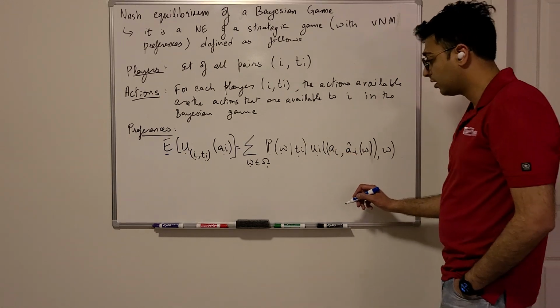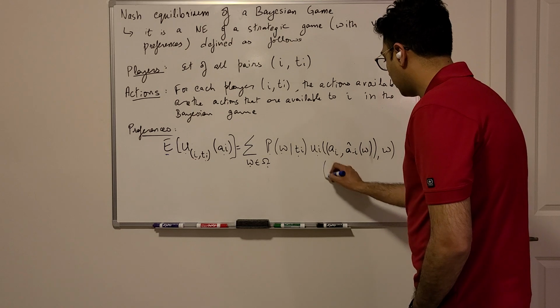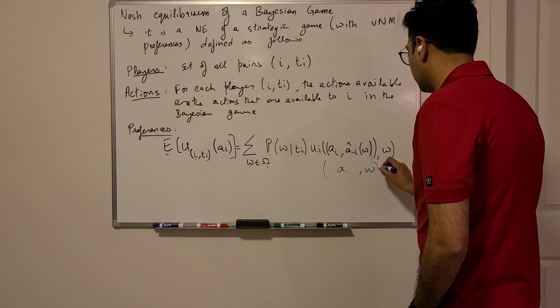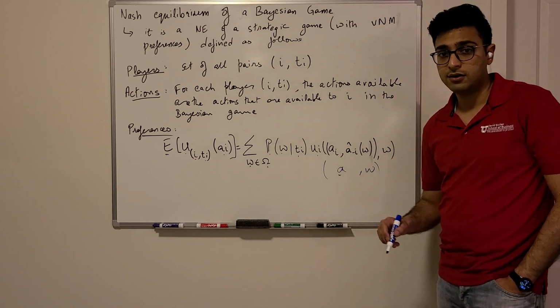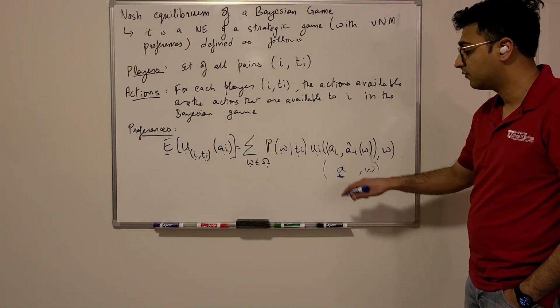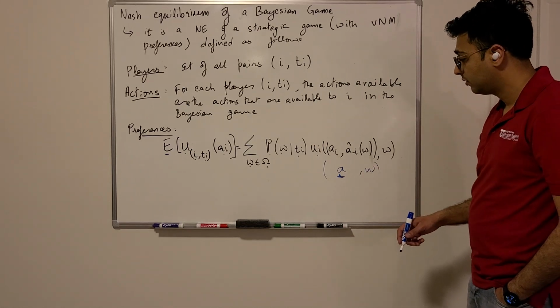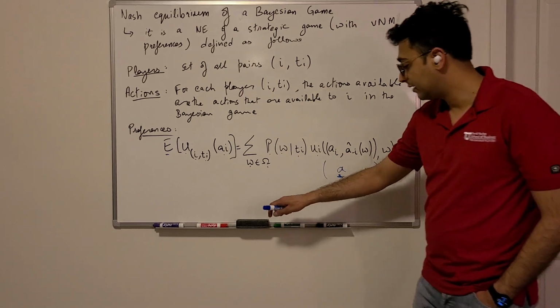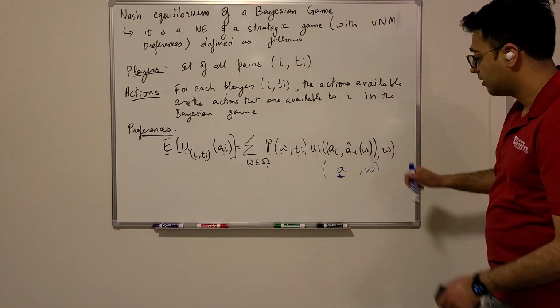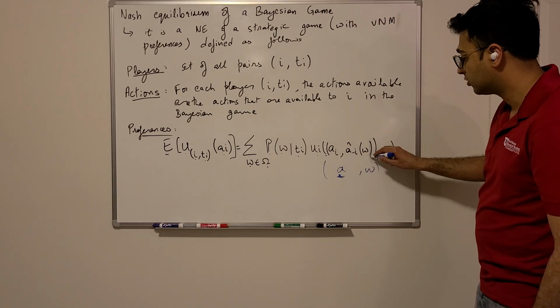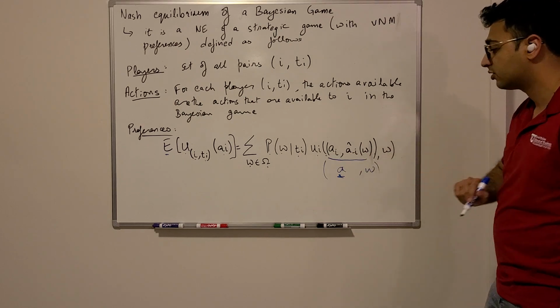Now usually in Bayesian games, the utility function depends on the action and the state of the world, the action profile. The action profile defines the actions for all types. And so here, that's exactly what this part of the utility function is. This is the action profile.